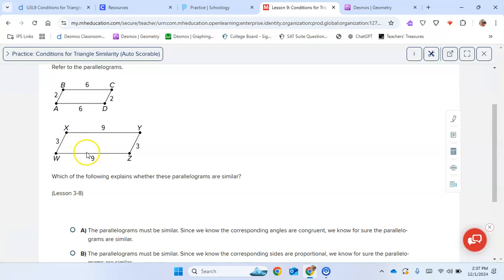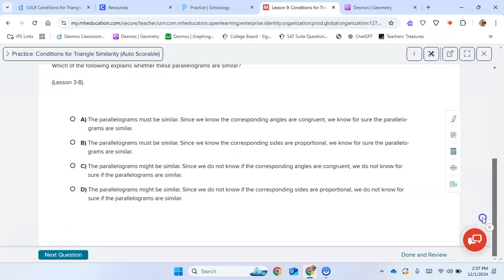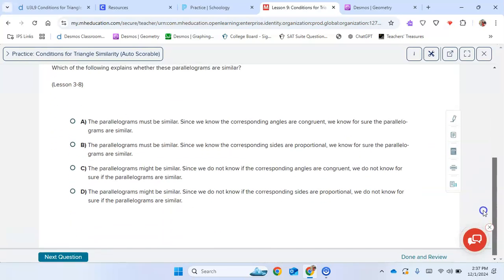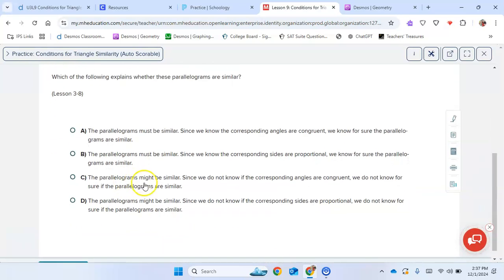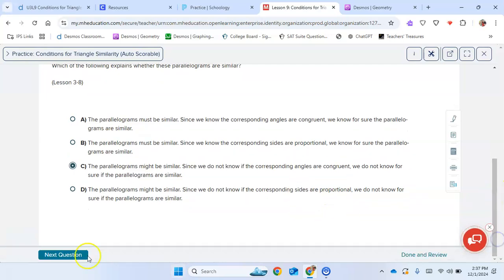So they might be similar because the corresponding side lengths are proportional, but it doesn't say what the angle measurements are. So we're going to pick one of these answers. They might be similar. Since we do not know if the corresponding angles are congruent, we do not know. Yes, that is correct. We do know the corresponding sides are proportional, so the last one's not correct.